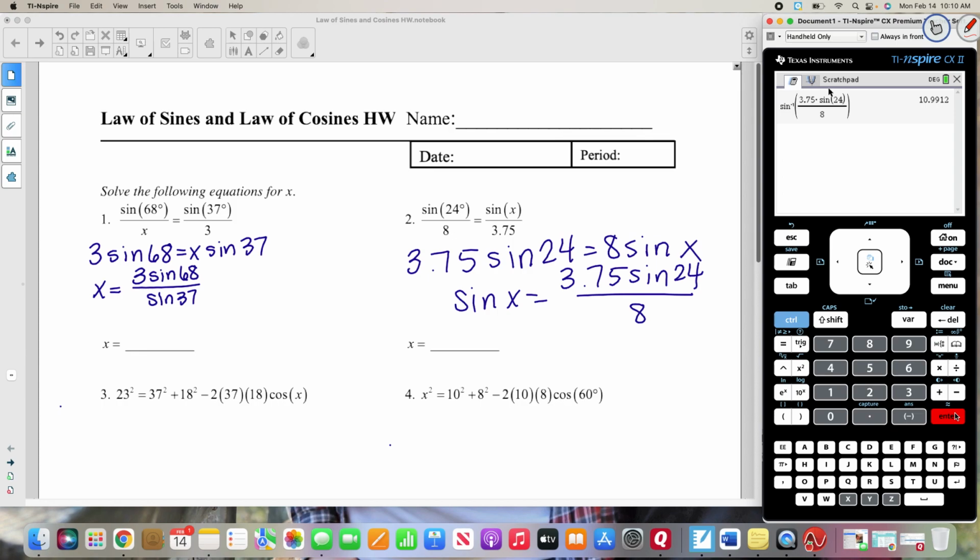Seeing the 3.75 in the problem, that is the side, so sides go on the bottom and angles on the top, because sine of A has to be an angle measure.